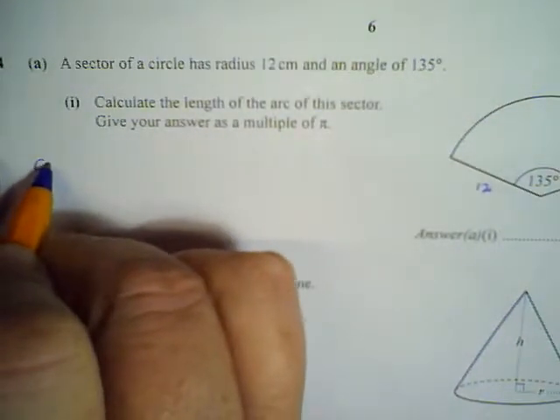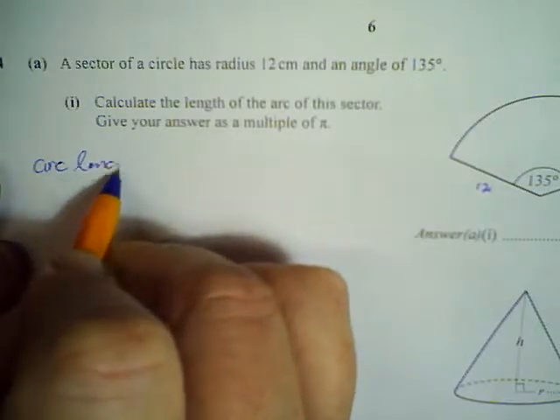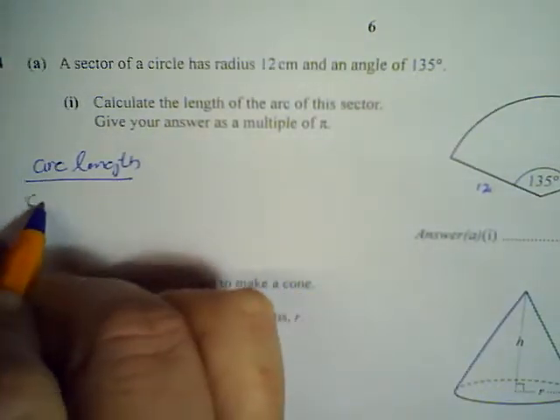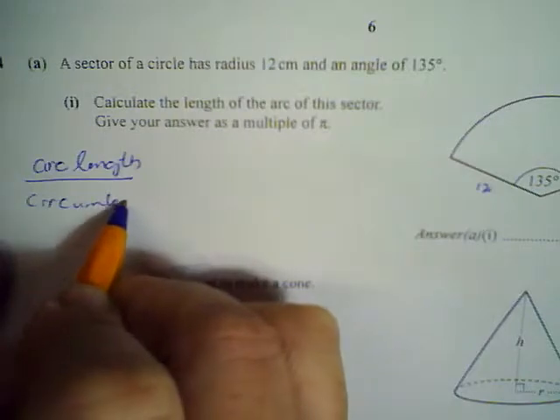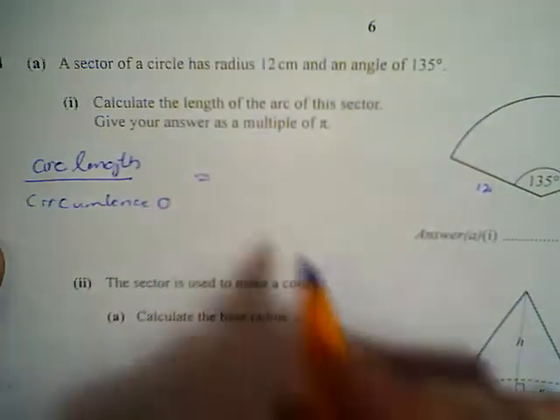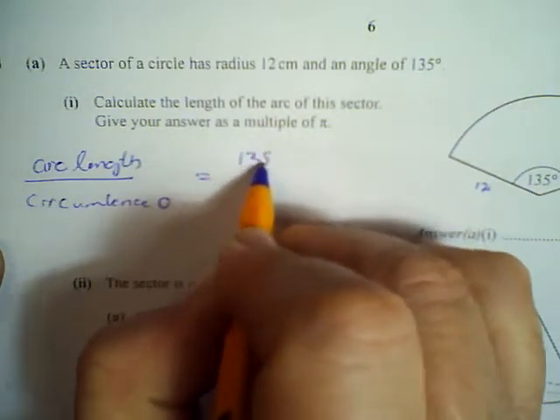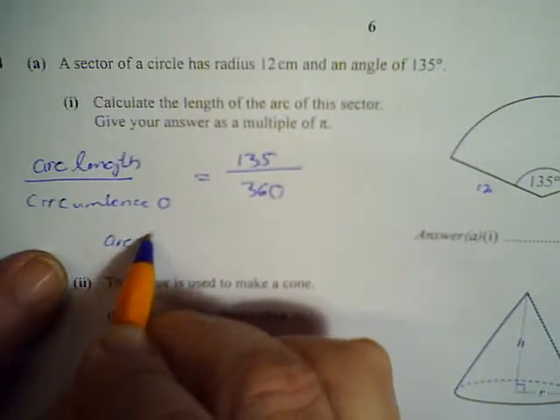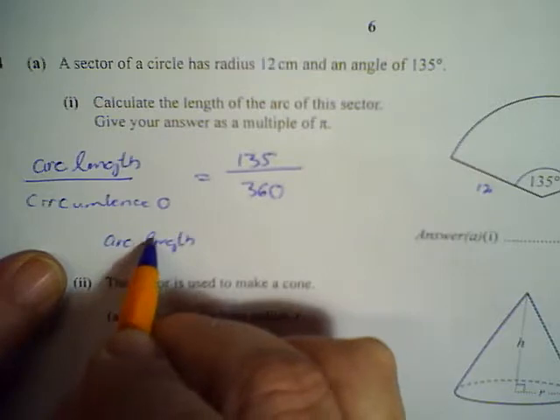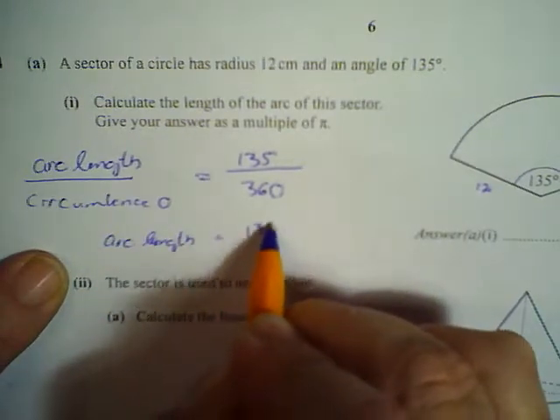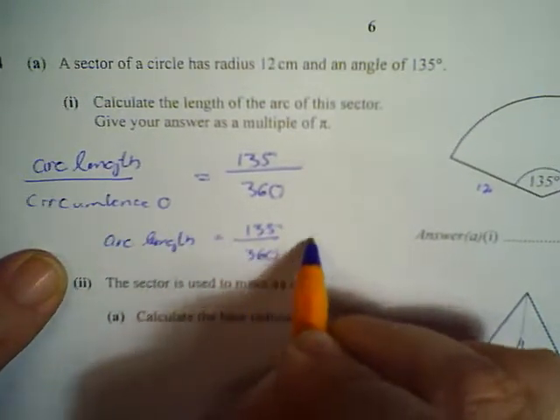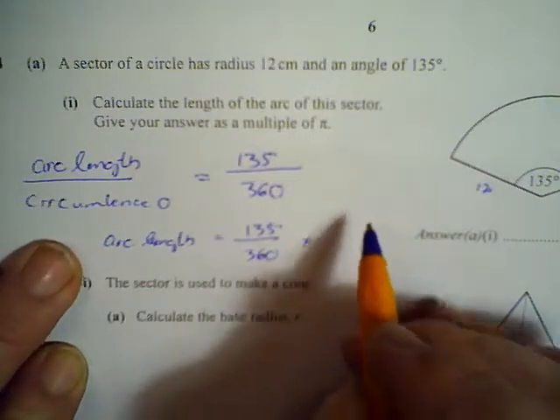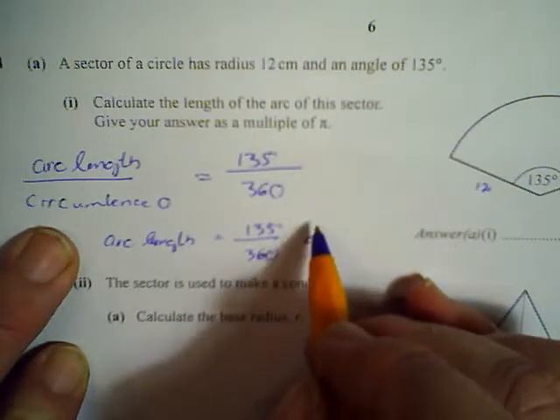Just remember that the arc length over the circumference of a circle is the degree measure, 135 over 360. So my arc length is going to be 135 over 360 times the circumference of a circle, 2 pi r.